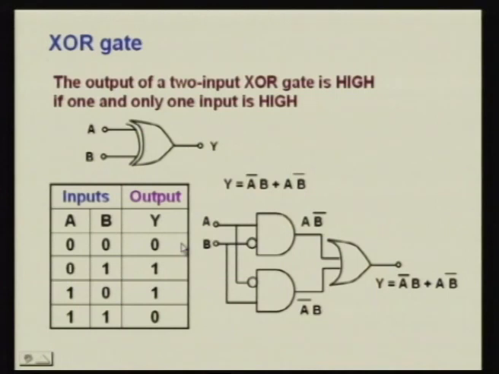If both are unequal, that is, one is in high state and the other is in zero state, then we will be getting output Y. So we can realize which two signals are equal and which are unequal. Using this inequality comparator circuit, we can use the XOR gate to see whether two signals are equal or unequal.